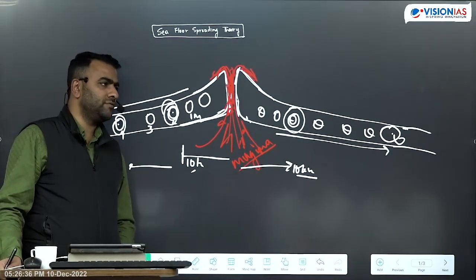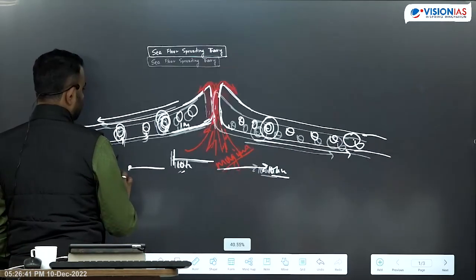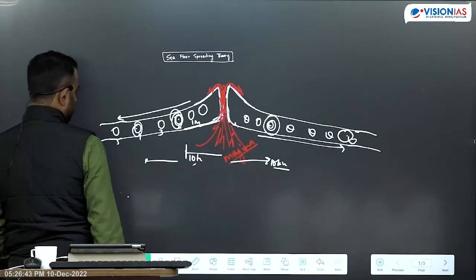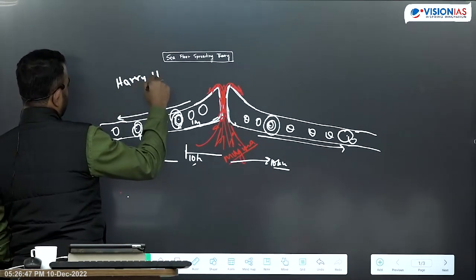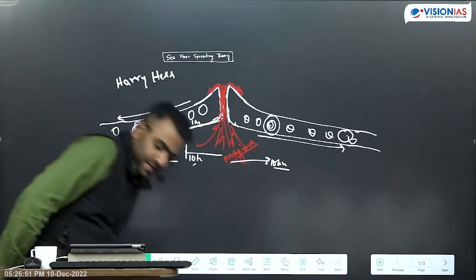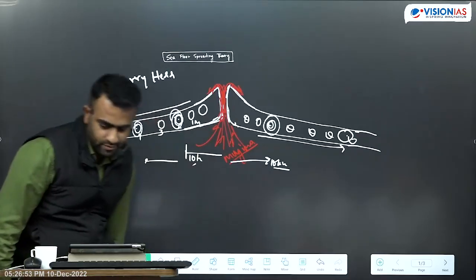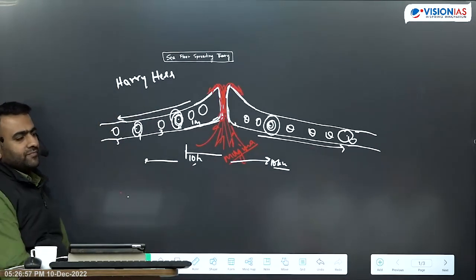At that point of time, the theory of seafloor spreading came, which explains all of this. It was proposed by Harry Hess. Harry Hess proposed the theory of seafloor spreading in 1961.